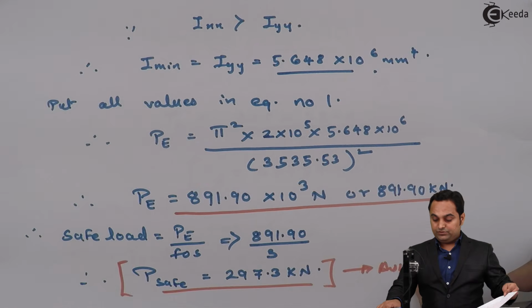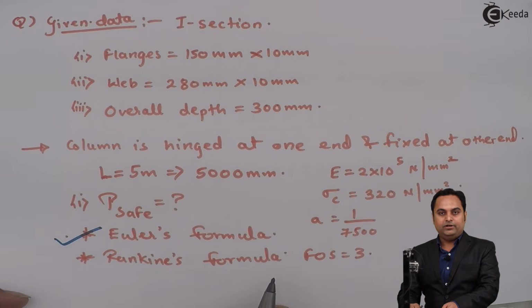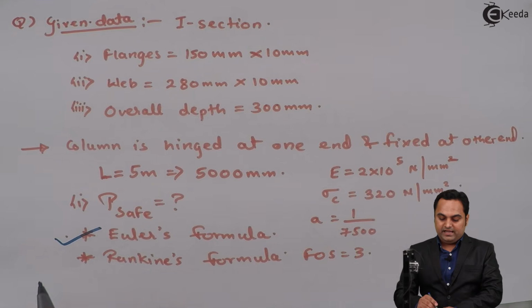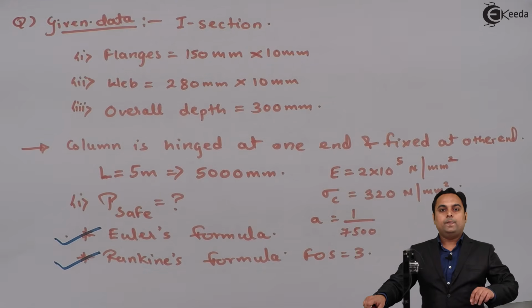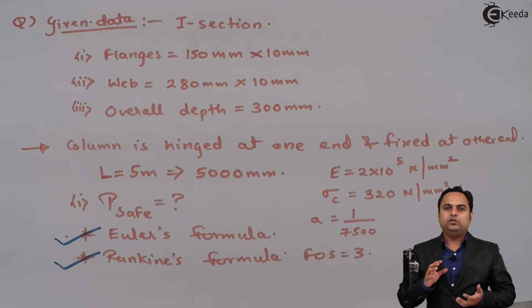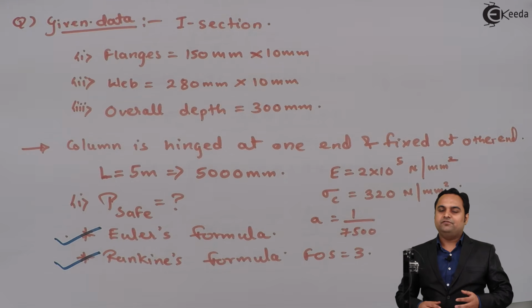And then they were telling us to calculate the safe load by using Rankine's formula, and that we have found out, 228.29 kilonewton. And once we get the safe load, we can say that because of the safe load the column will not bend, it will not buckle. So we have found out that safe load value, and with this we complete the problem.